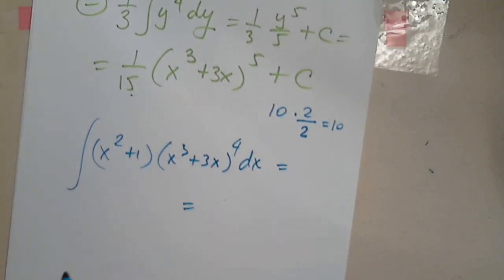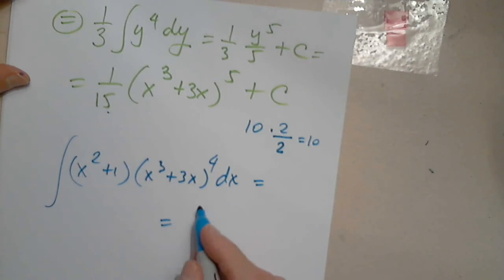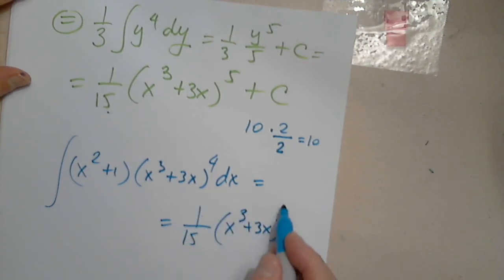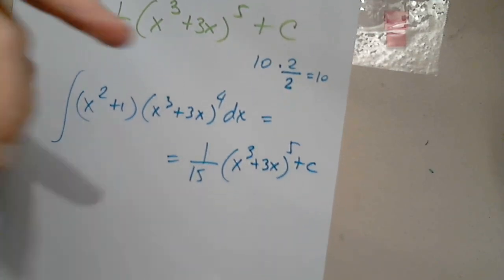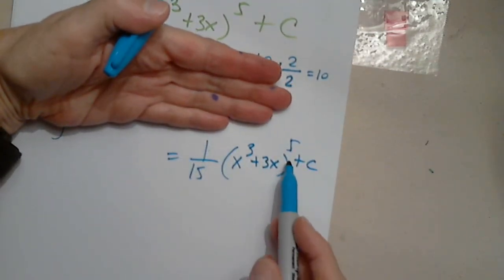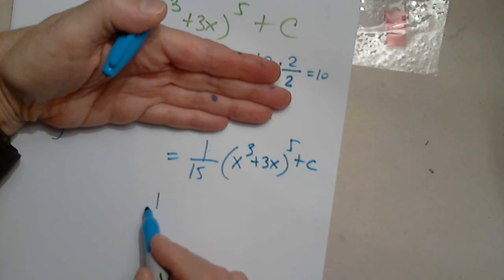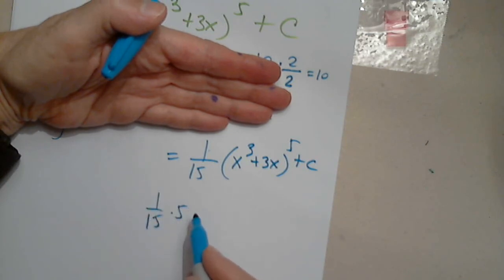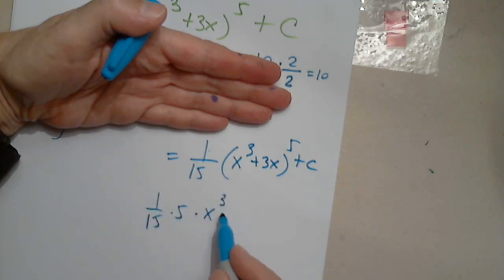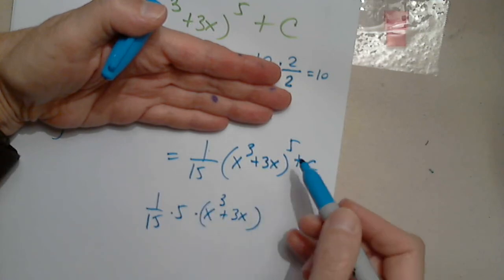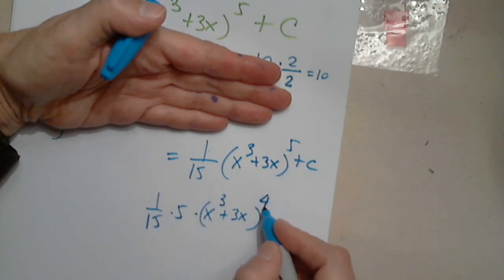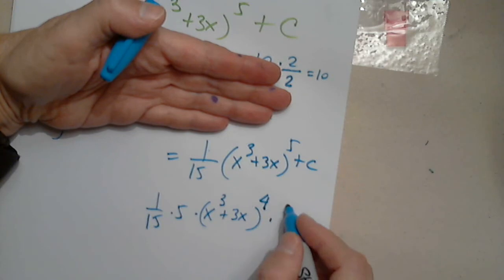Here is our claim. We will not be able to do this with a definite integral. We can only hope. I differentiate the left-hand side. I bring down 5, so it's 1 over 15 times 5 times x to the third plus 3x to the 5 minus 1, which is 4, times the inner function prime, which is 3x squared plus 3.